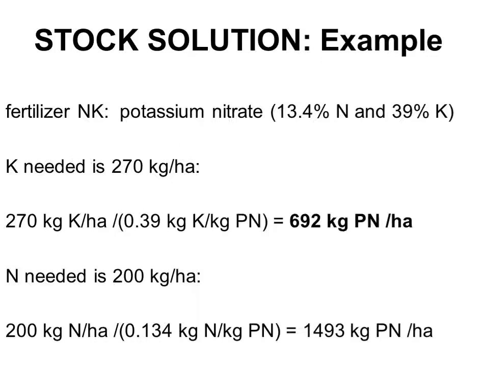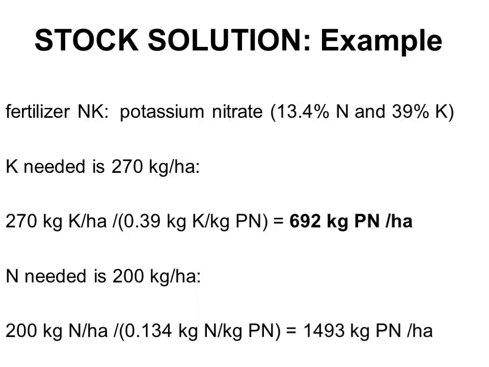So if we need 270 kilograms of potassium per hectare, we divide that by the concentration of potassium in the product, which is 39%. So we divide 270 by 0.39, and we come up with 692 kilograms of potassium nitrate per hectare.